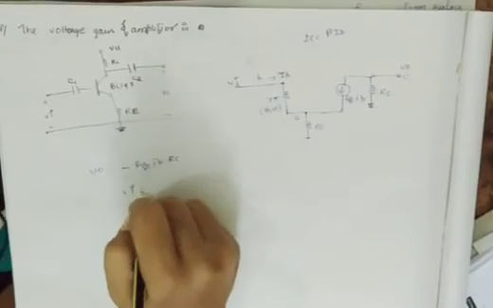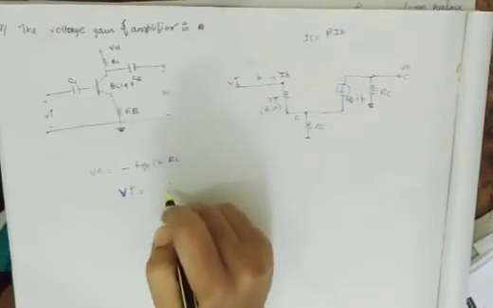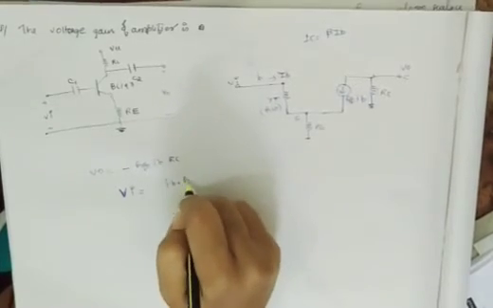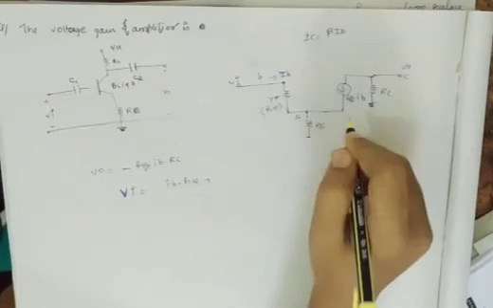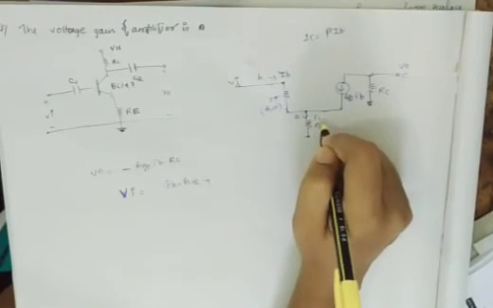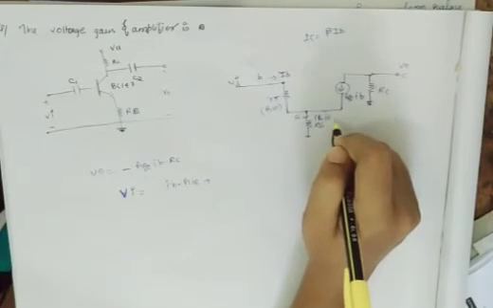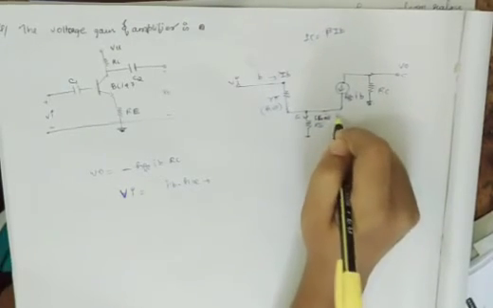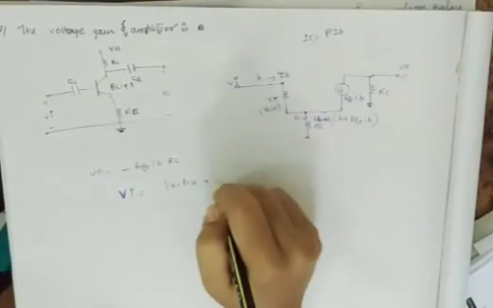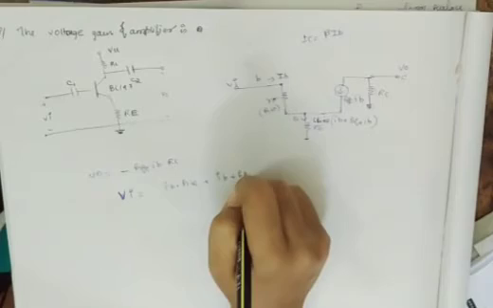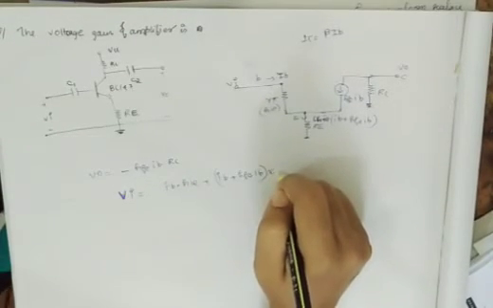And VI equal to IB into HIE plus the total current over here, which will be IB plus HFE into IB, into RE.